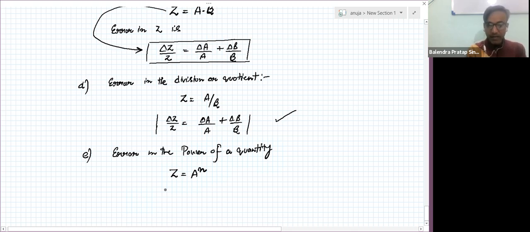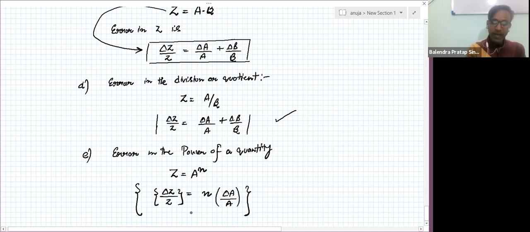So the relative error in Z, delta Z over Z, is equal to n times delta A over A. So this is the formula. You just have to put n in multiplication with delta A upon A. There is no other option.